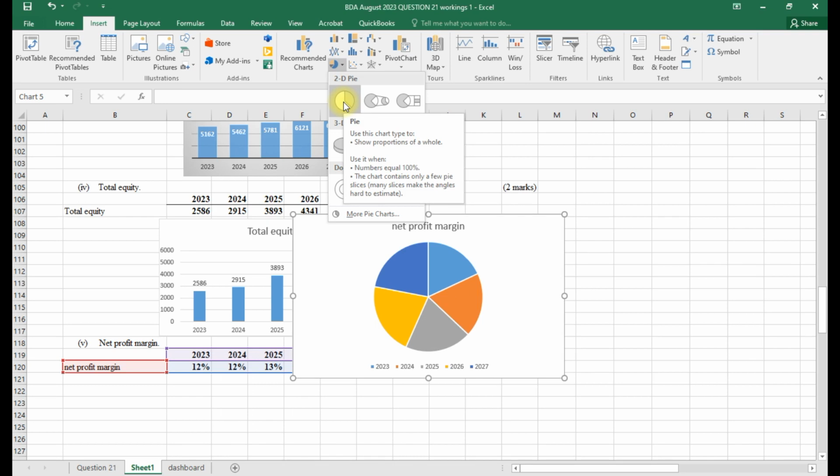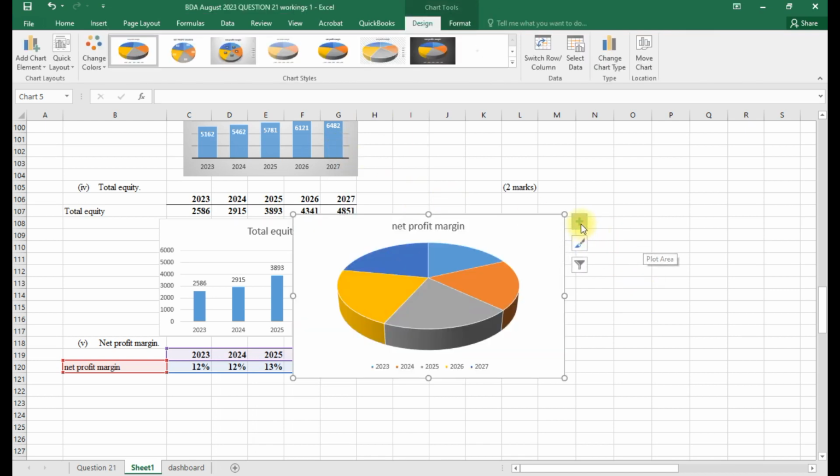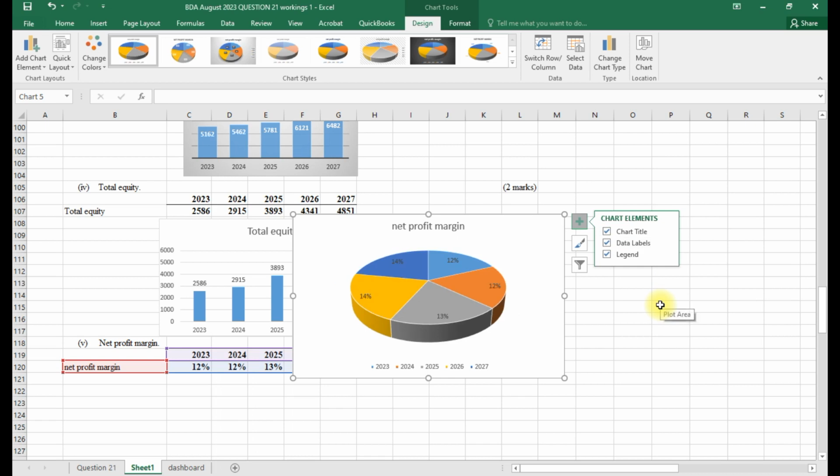Yeah, you can use a pie chart to show the percentages that we had. I can use a 3D and I use the data labels. Yeah, that way.